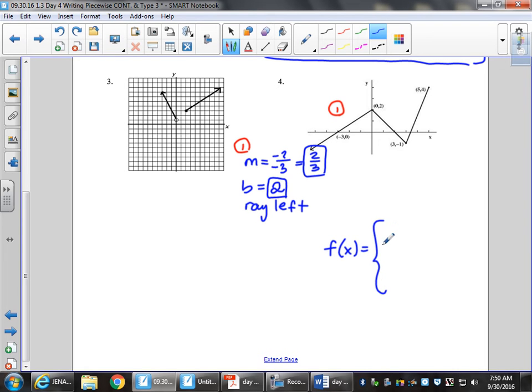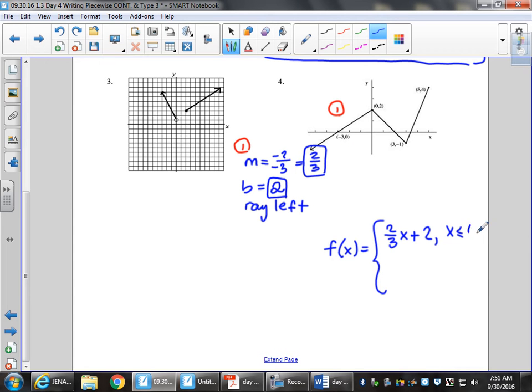What do we say? Now, ray left, is that going to be x greater than or x less than? Very good. X less than or equal to? Ooh. Think domain. What's the domain of this piece? 0. Very good.